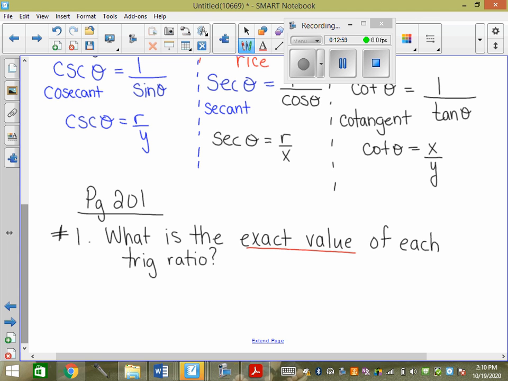Exact values in trig usually screams, I must use my unit circle, because on the outside of your unit circle are a whole bunch of exact values: root 3 over 2, root 2 over 2, a half, 1, negative 1, 0. Those are all exact values. So when it says exact values in trig, that often means I'm going to need my unit circle, because on the outside of my unit circle are answers.